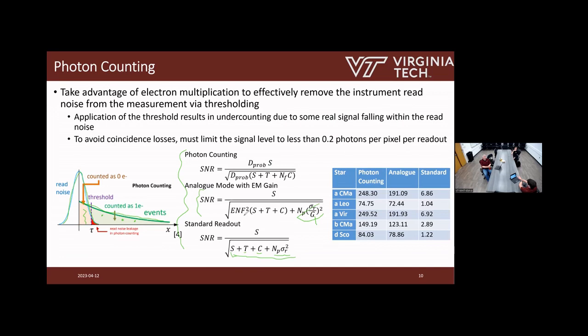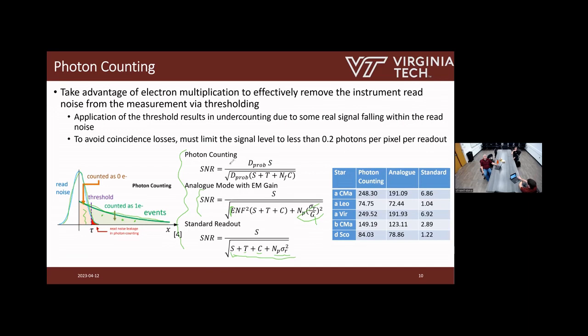However, because of the statistical variation in the multiplication process, that does introduce something called the excess noise factor, where because we are boosting these electrons, but we're not quite sure what they get boosted to, we have to account for that statistical variation. And this is equivalent to essentially cutting the quantum efficiency of the detector in half. So that's not too great for our purposes.